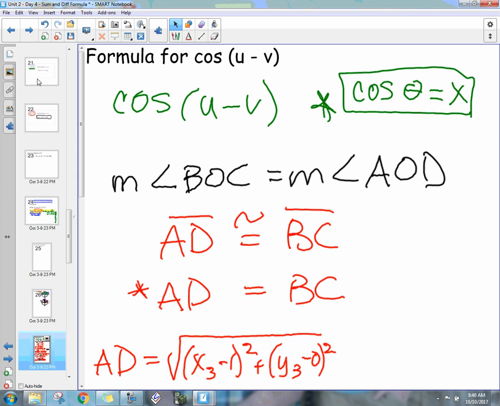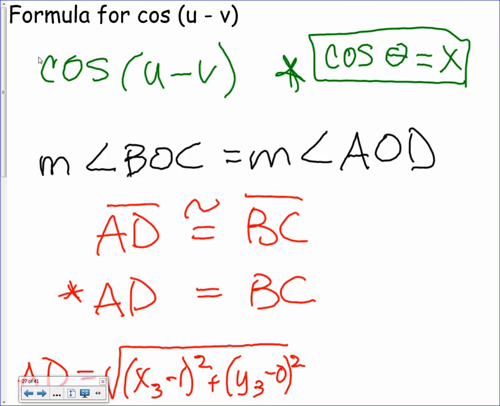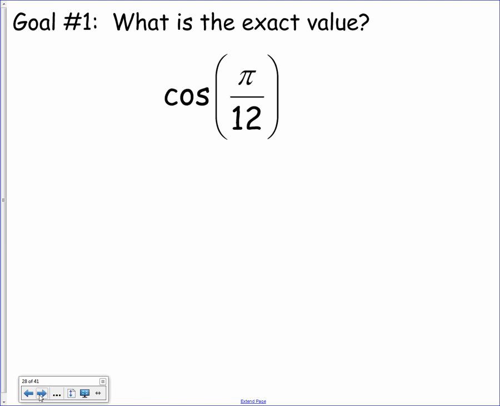Okay, let's go back to a single page, full screen, moving on. Let's go back to our goal. The question is, how do you find the cosine of pi over 12? Well, the cosine of pi over 12 is equal to the cosine of two things that could be subtracted together.